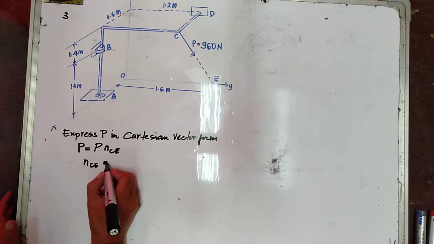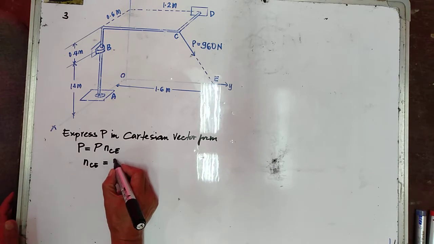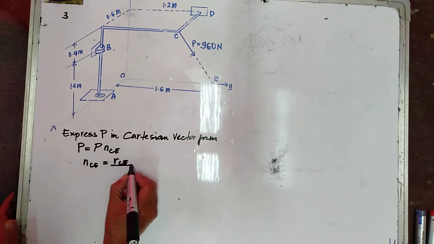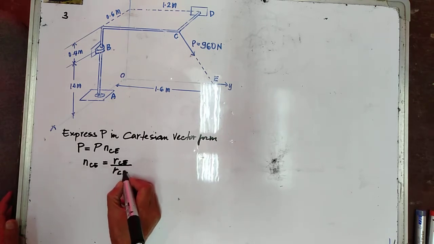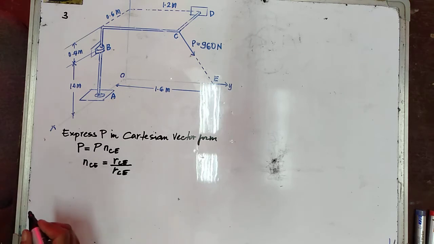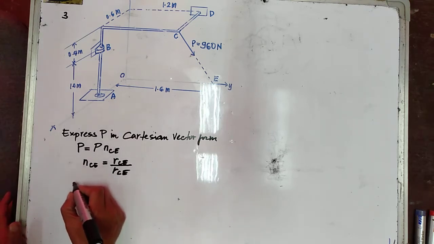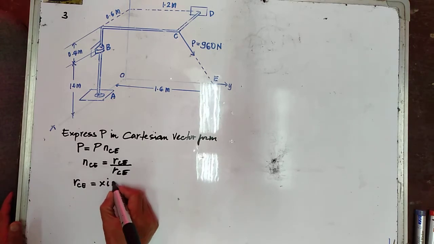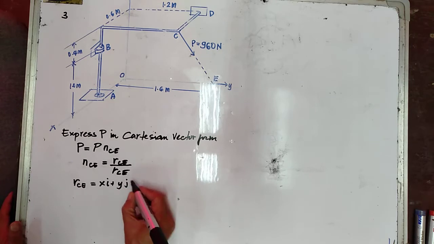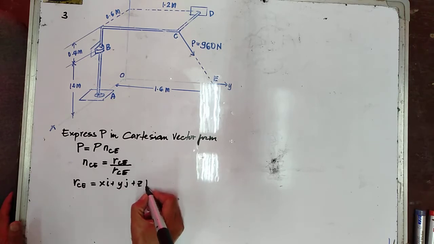So this is the vector distance CE. Let's divide this by the magnitude of this vector distance, so that the vector distance CE is equal to xi plus yj plus zk.